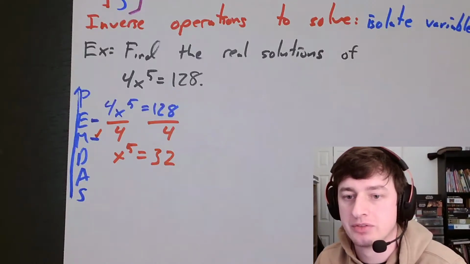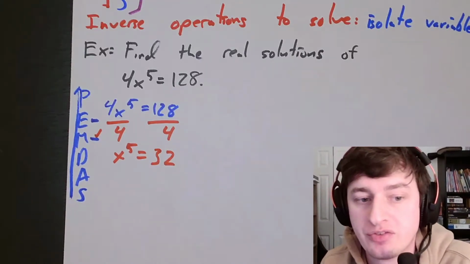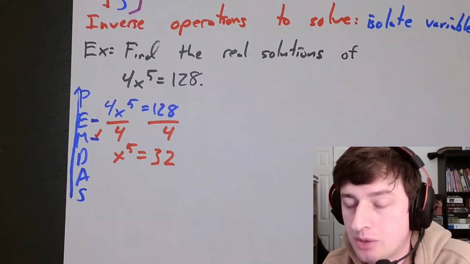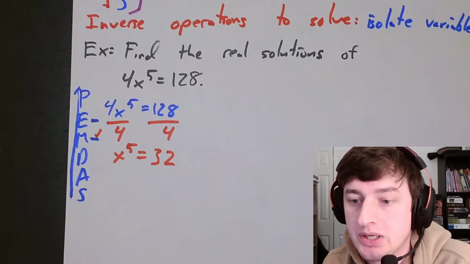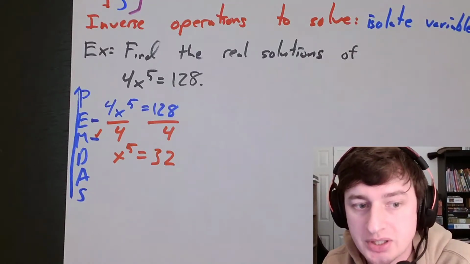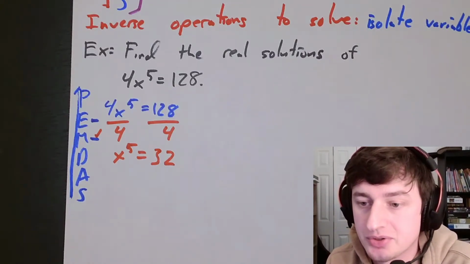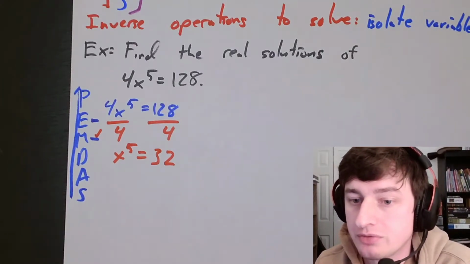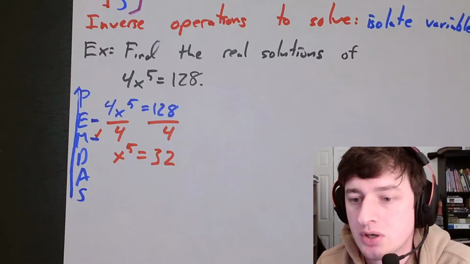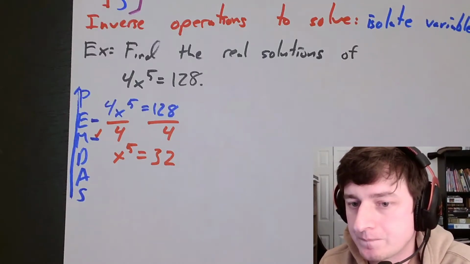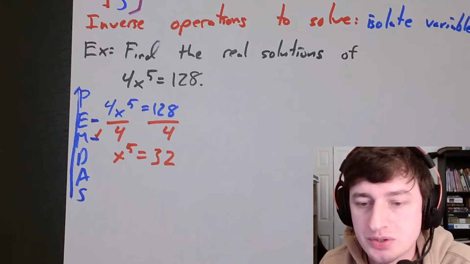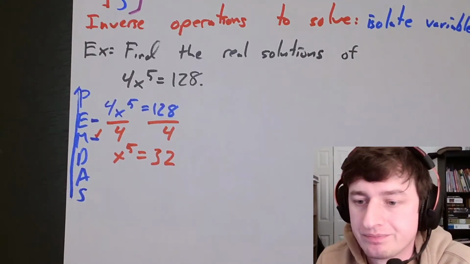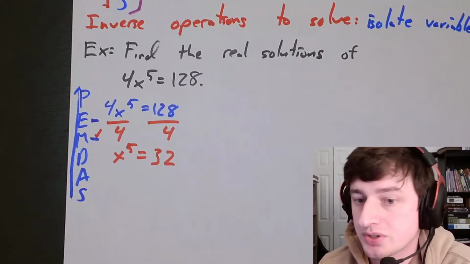Now, how do we get rid of the exponent? It's x to the fifth. Well, in our previous lesson, we used radicals to get rid of exponents. We did the same thing a chapter back when solving quadratic functions if there was only x squared in the equation and not some sort of b value, like ax squared plus c equals 0.